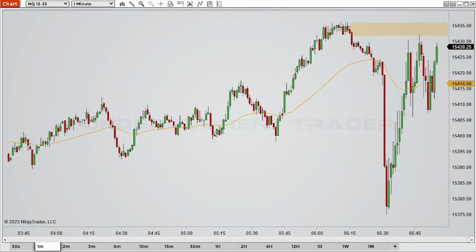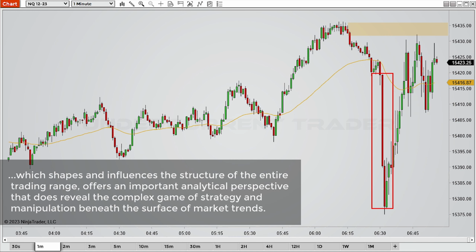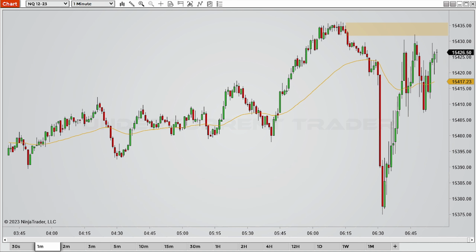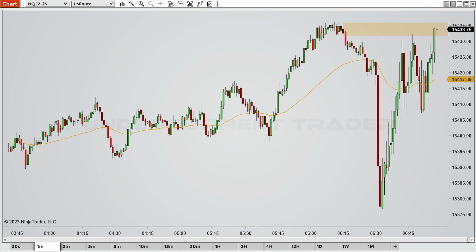I think that, again, this market dump here, which shapes and influences the structure of this entire trading range, offers an important analytical perspective that does in fact reveal the complex game of strategy and manipulation beneath the surface of market trends. Obviously, if you're able to spot these underlying influences, you can actually navigate the market's volatility with better precision.